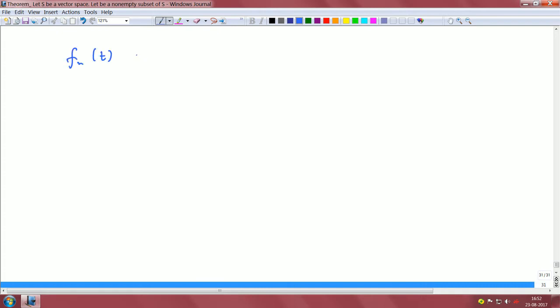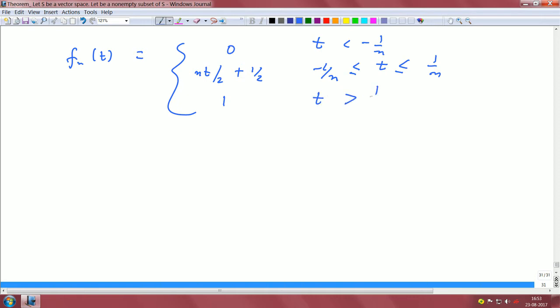Let us think of Fn of t as basically 0 for t less than minus 1 over n, and it is nt upon 2 plus 1 half in the interval minus 1 over n less than or equal to t less than or equal to 1 over n, and this is 1 when t is greater than 1 over n.